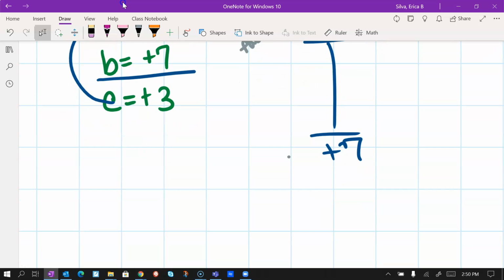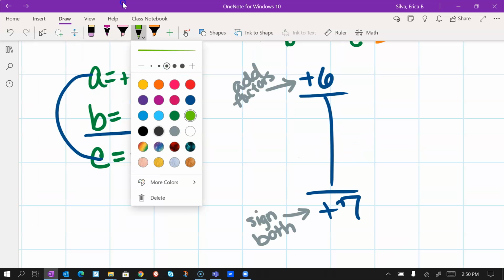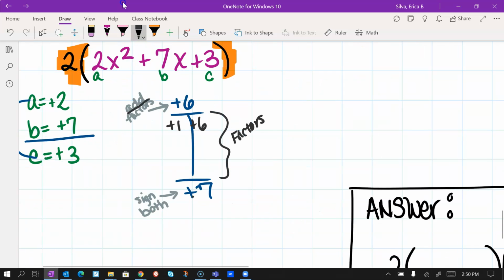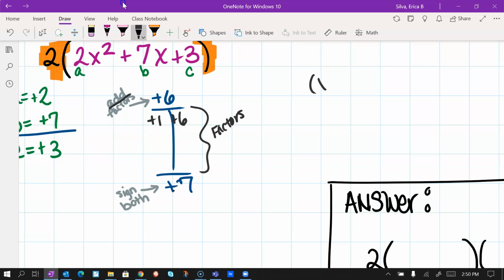And the sign on the bottom tells me the sign for both. So let's come up with our factors. 1 and 6. And when we add them, does it give us 7? Yeah, and our sign is going to be positive. So over here, we're going to say x plus 1 and x plus 6.